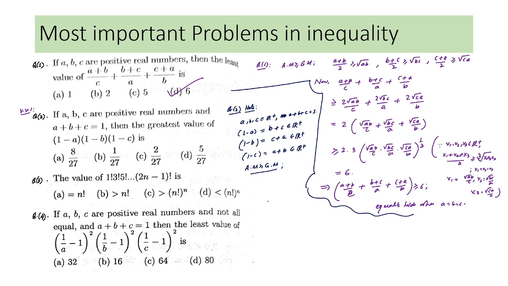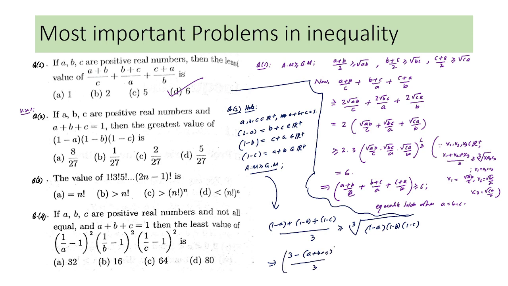If we apply this, 1 minus A plus 1 minus B plus 1 minus C, divided by 3, is greater than or equal to the cube root of 1 minus A into 1 minus B into 1 minus C. Now that part we can write as 3 minus (A plus B plus C) by 3, whole cube, is greater than or equal to 1 minus A into 1 minus B multiplied by 1 minus C.